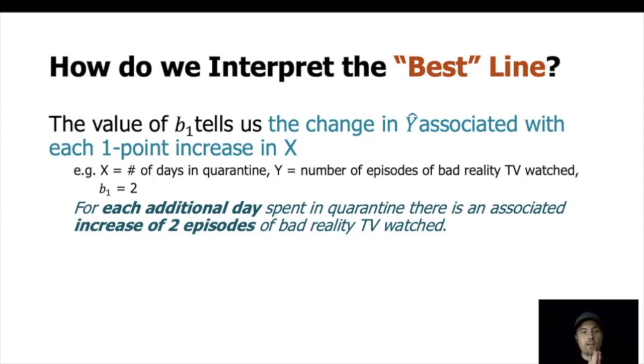That is, let's say I was spending 30 days and then I was going to spend another day. On average, I would increase my bad reality TV episodes watched by 2 episodes.